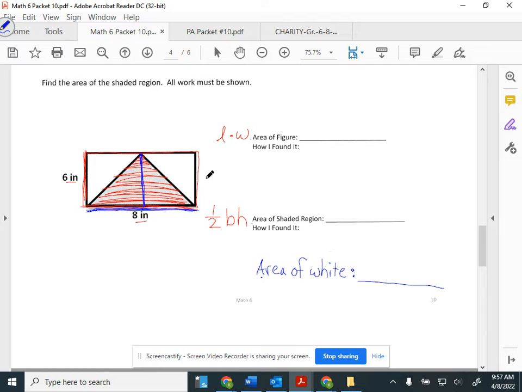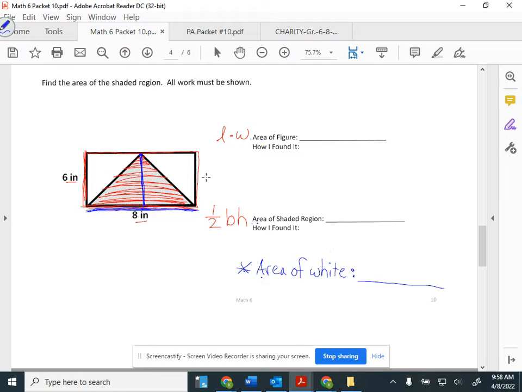So my challenge to you that I would like everybody to add is to tell me what's the area of the white. Anthony. You're not telling me an answer right now. You're writing it on the paper. Oh. So write it on the paper. You should be able to find the area of the figure and the area of the shaded, and with those two pieces of information, you can take away the shaded so you're just left with the white.